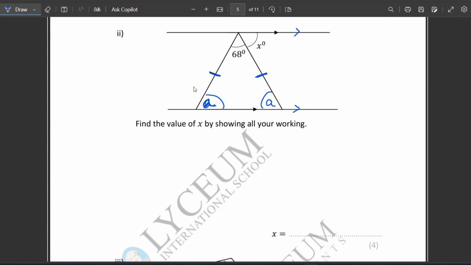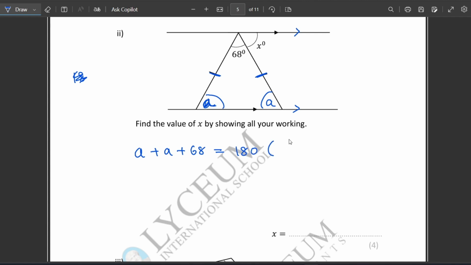So we can find the value of A by using the sum of interior angles inside a triangle. We know that it is 180. So we can write it as A plus 68 is equal to 180.